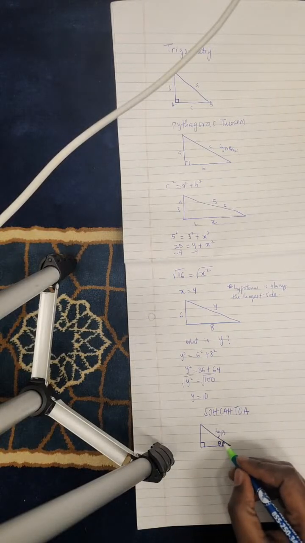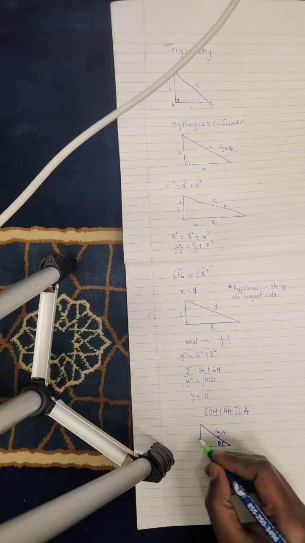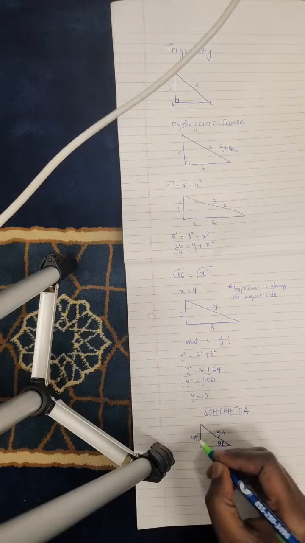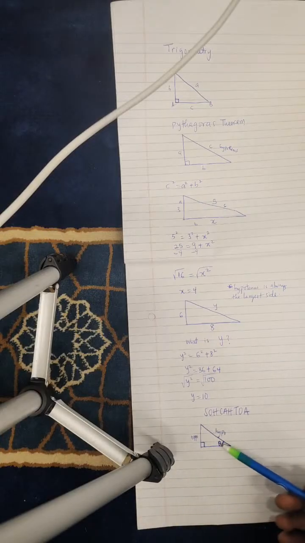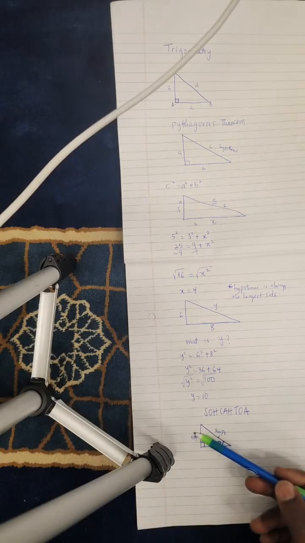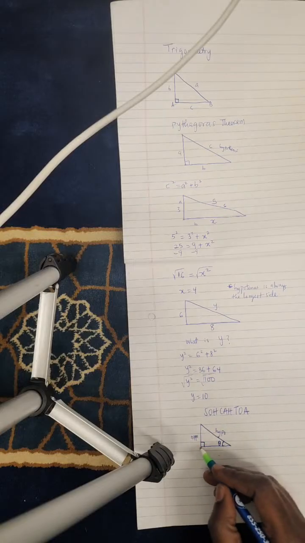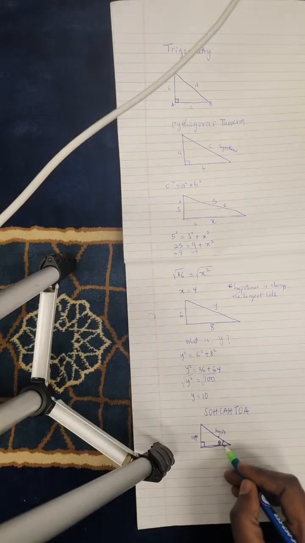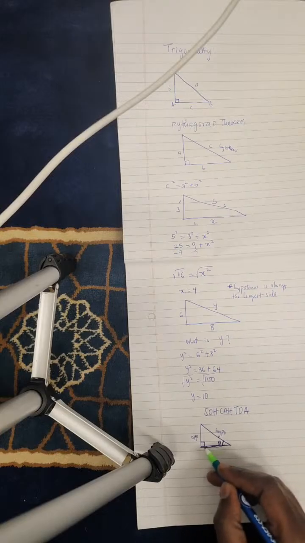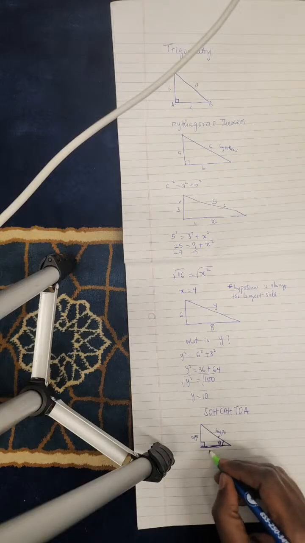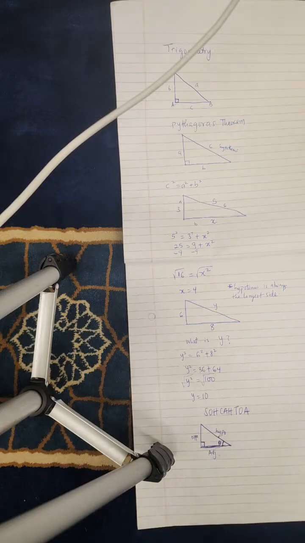And where the unknown angle theta is facing directly is called the opposite. And the side that has both the angle 90 and the unknown angle theta is called the adjacent.